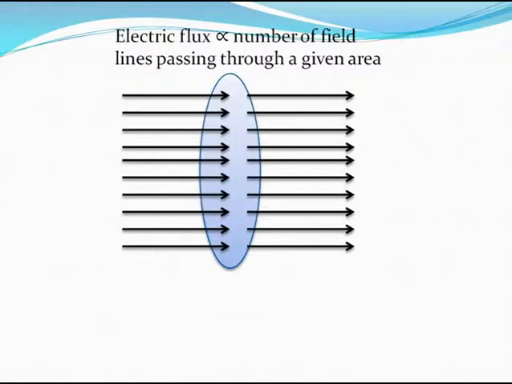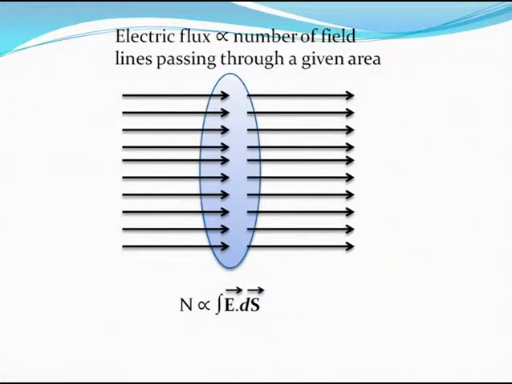Now, we had earlier calculated that the number of field lines is proportional to integral E dot ds, where E is the electric field vector and ds is the area vector, through which we are calculating the number of field lines. We had derived this expression long ago when we had first discussed the properties of electric field and what an electric field was.